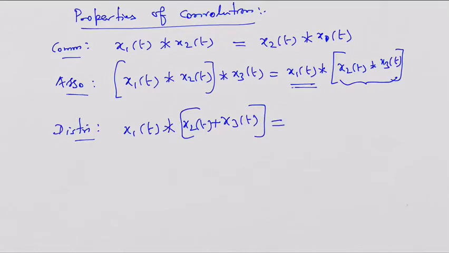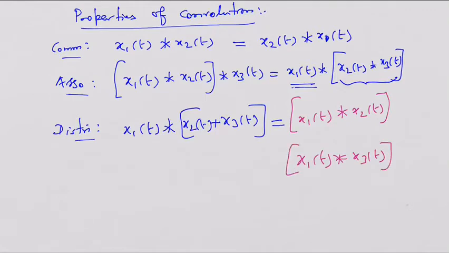It can be expressed as x1 of t convolved with x2 of t, and x1 of t convolved with x3 of t. The results are added. Both are equal to one another. That is how it is denoted.